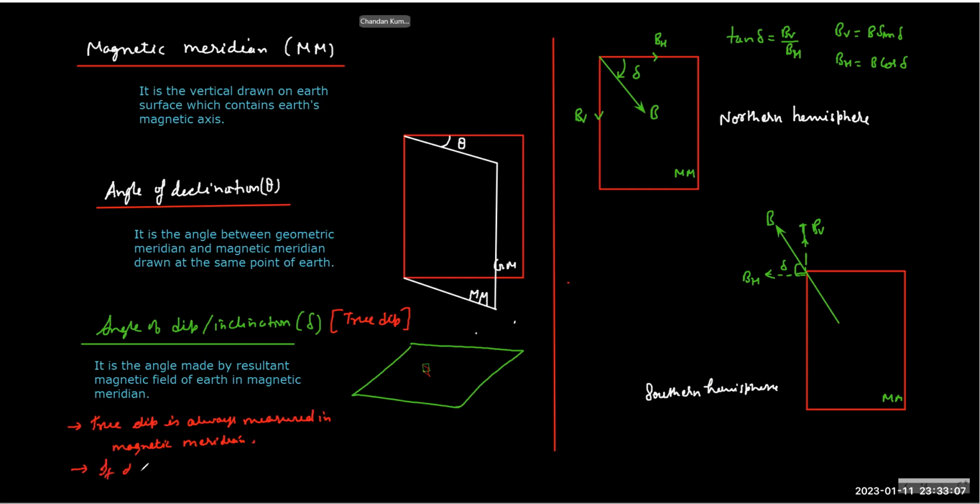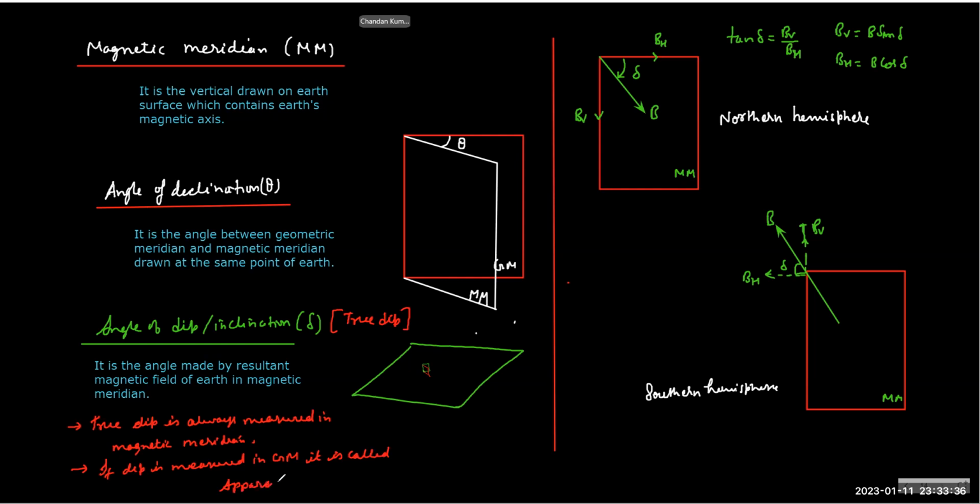If dip is measured in the geometric meridian, what do we call it?